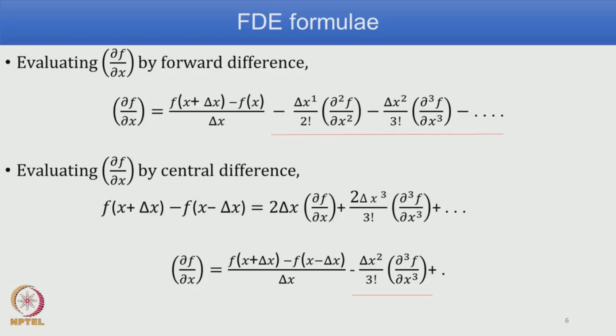So, if the leading term is of odd order it will be a dissipative error, and if the leading term is of even order it will result in a dispersive error. You get a smooth solution, but you will not capture the peak. In the second case you will get wiggles, but it may be accurate.